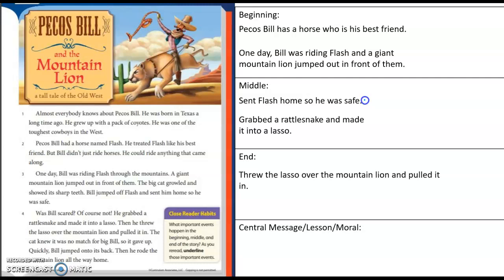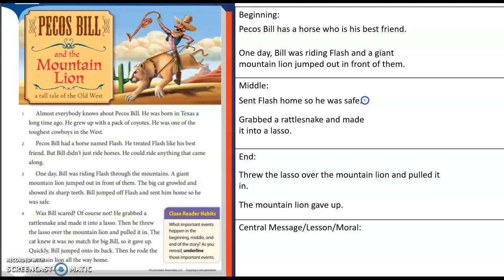So then he threw the lasso over the mountain lion and pulled the lion in. So that was pretty cool. So in the end, the mountain lion ended up giving up, remember? And Pecos Bill jumped on his back and rode away.